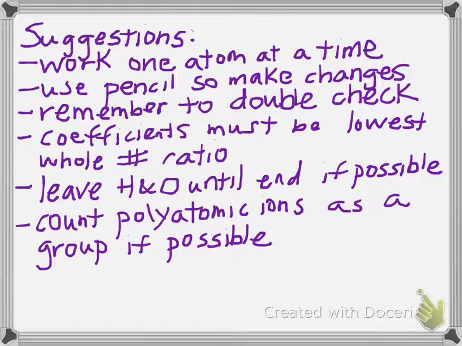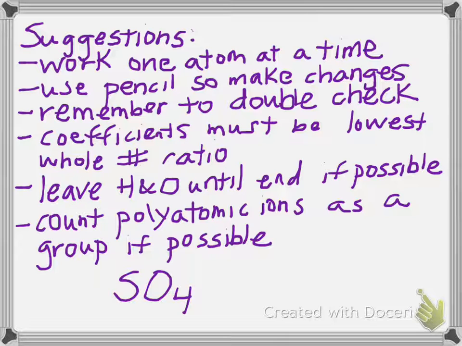That's going to be when you have the polyatomic ion appearing as exactly the same polyatomic ion on both sides of the equation. So maybe you have aluminum sulfate as one of your reactants and calcium sulfate as one of your products. Rather than counting sulfate as 1 S and 4 oxygen, you're going to count the whole sulfate group as SO4.